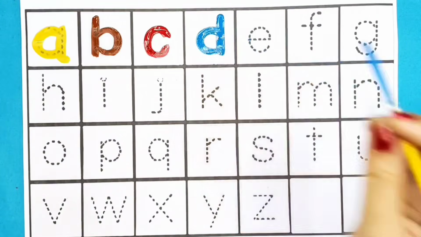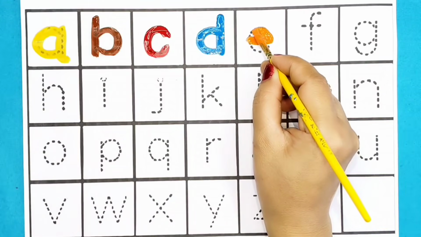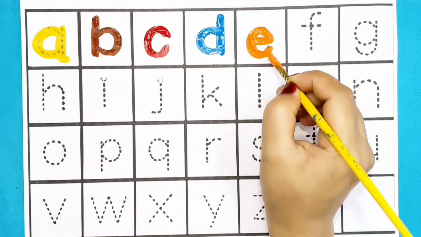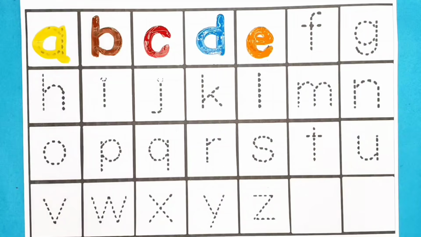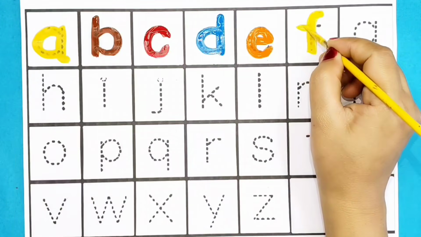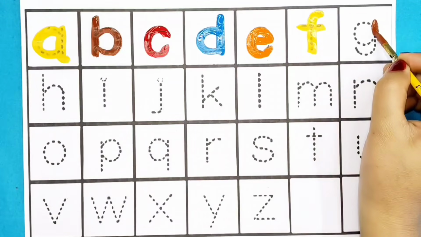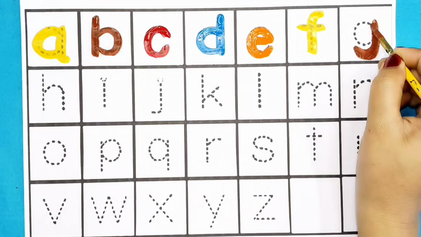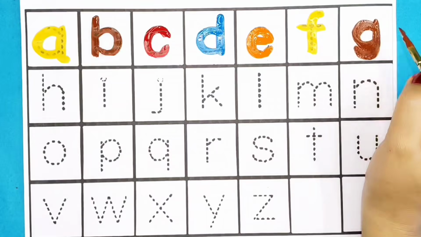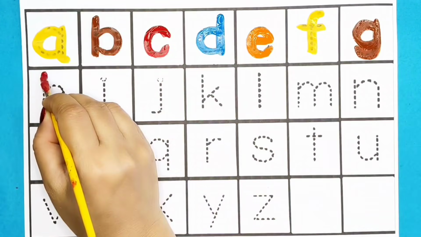D for doctor, orange color. E for egg, yellow color. F for frog, brown color. G for goat, red color.